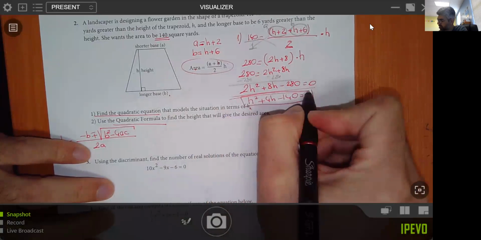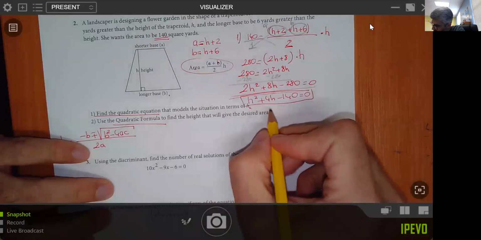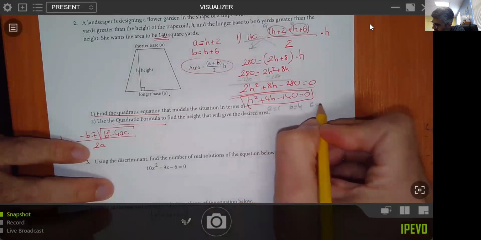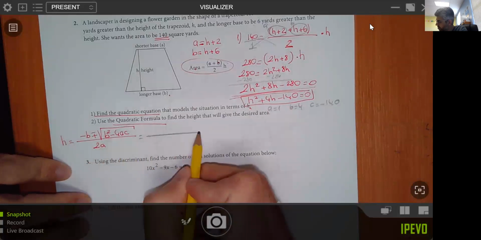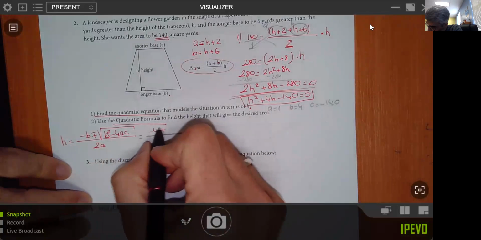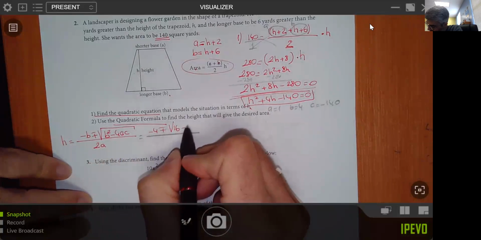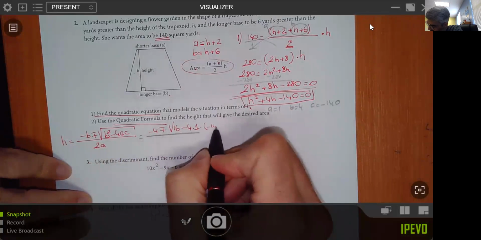So I take this equation. I work with this equation. And here, a is 1, b is 4, c is negative 140. I plug them in here. Negative b, negative 4 plus or minus the square root of b squared, 16, minus 4, a, c, where c is negative 140.